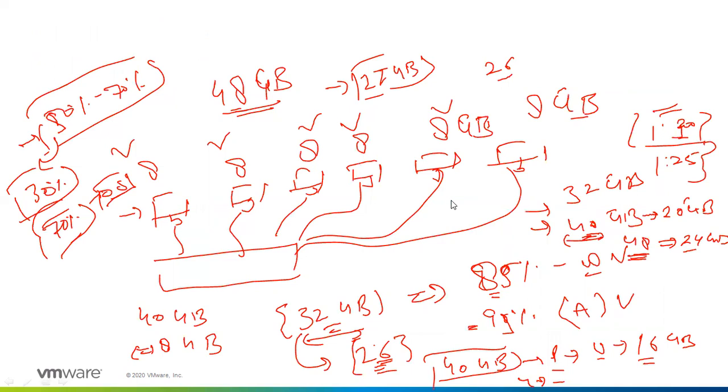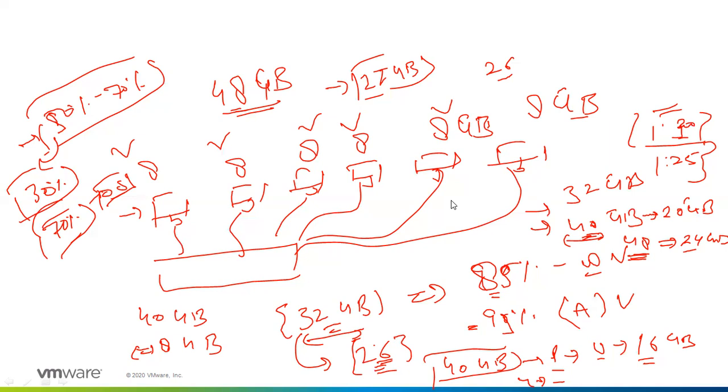Now suppose four virtual machines, all allocated 8 GB, and they are using a total of 8 GB.